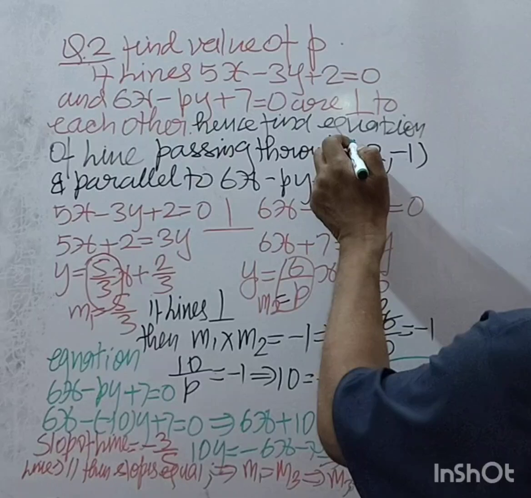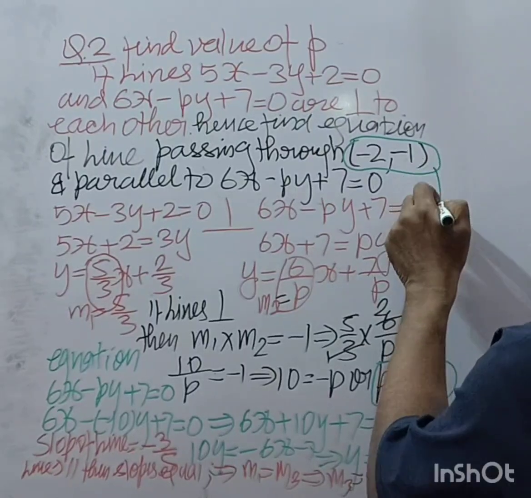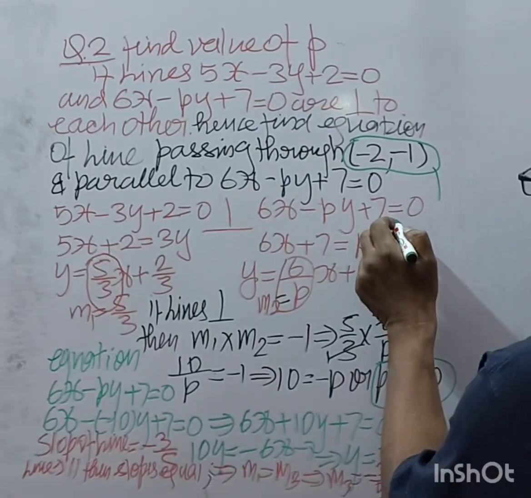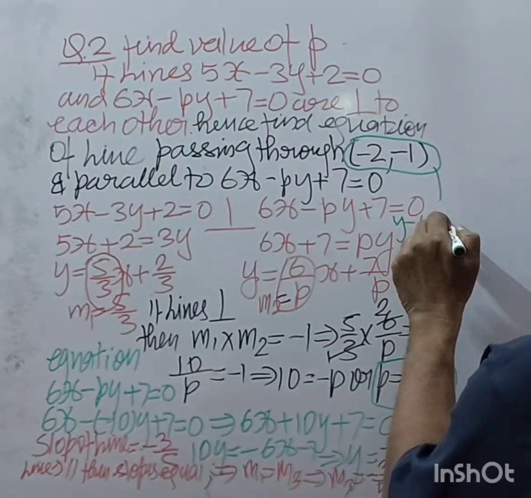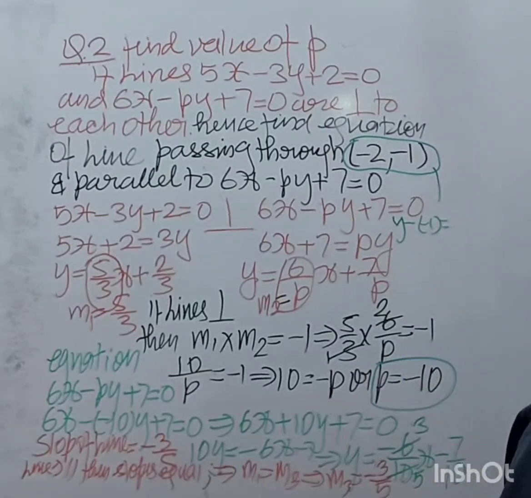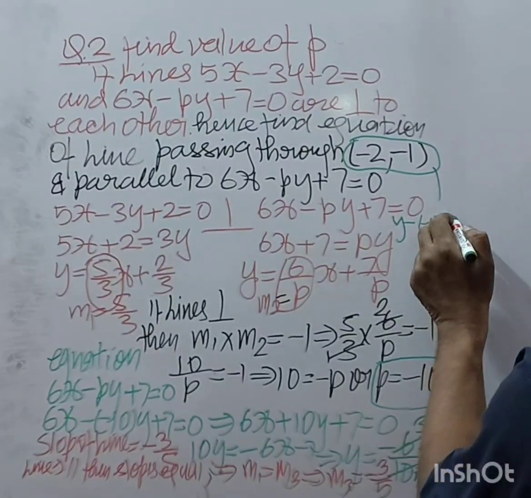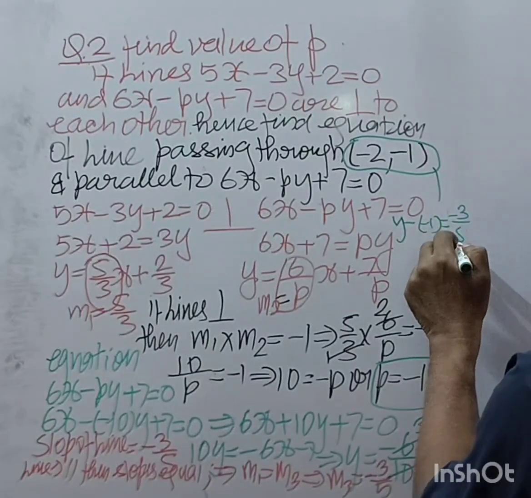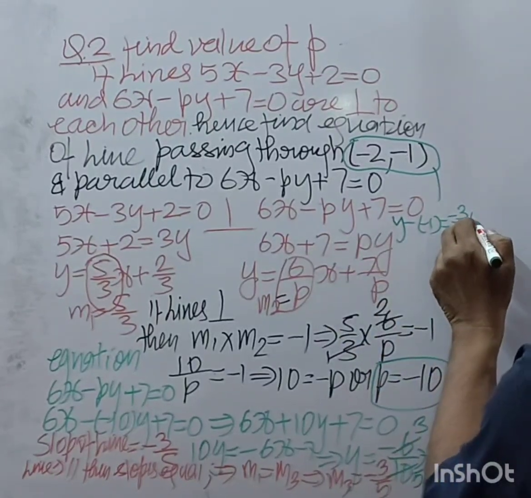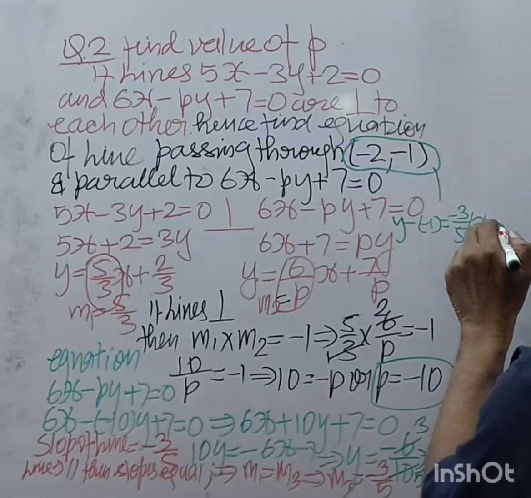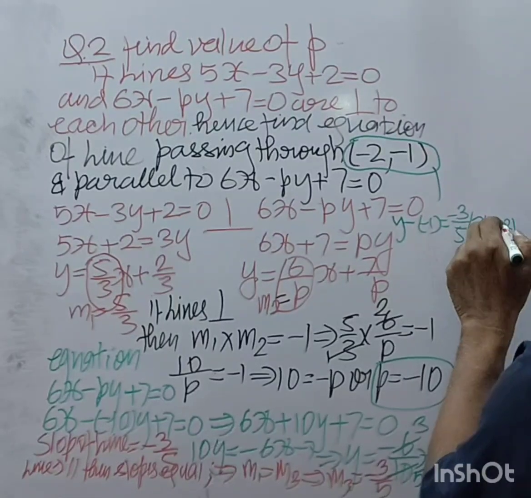You have to find the equation of line. So we can use y minus 1 is equal to m, that is minus 3 by 5 bracket x minus, x minus minus 2.